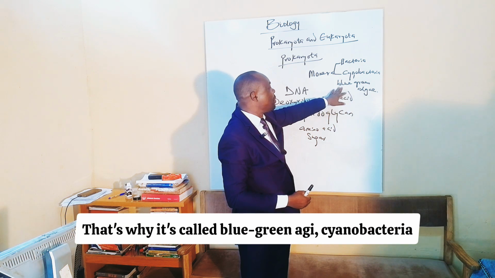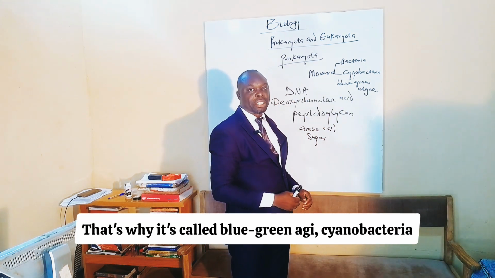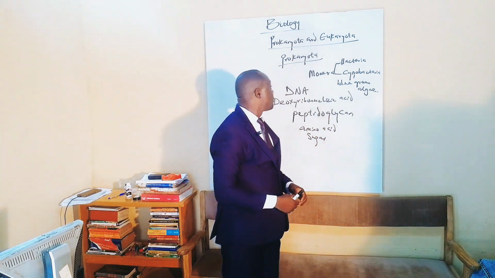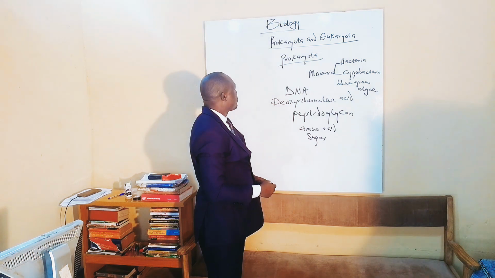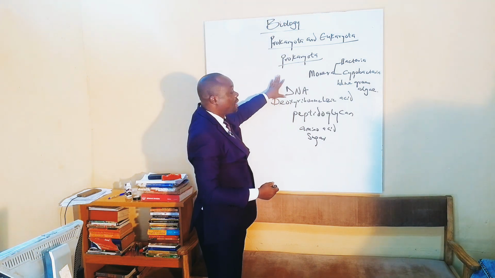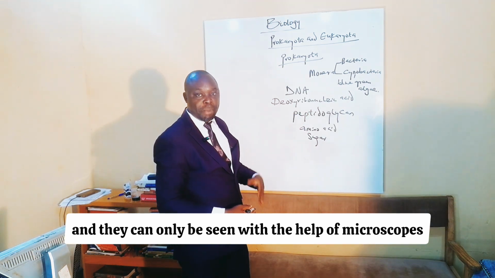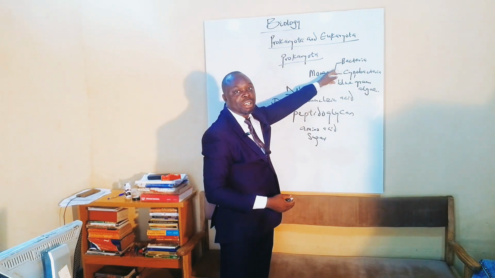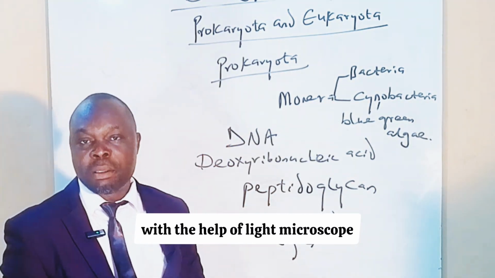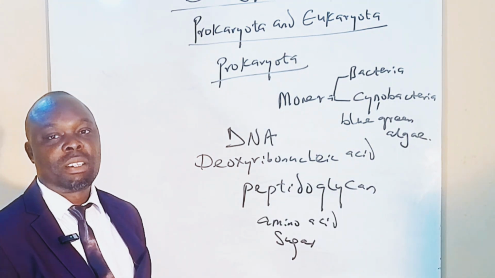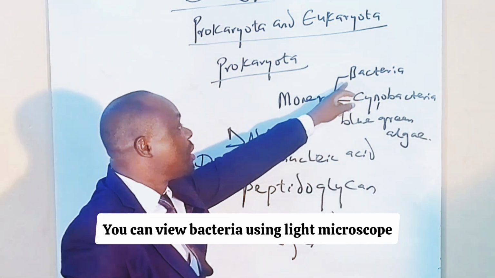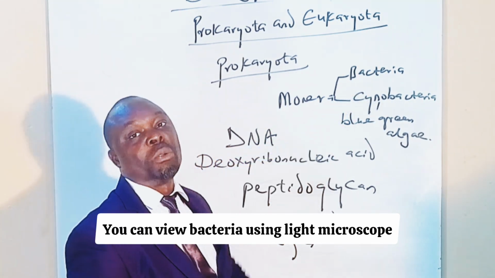That's why it's called blue-green algae, the cyanobacteria. They are microscopic and they can only be seen with the help of microscope. We can view bacteria using a light microscope.